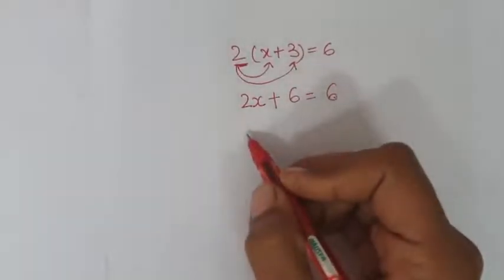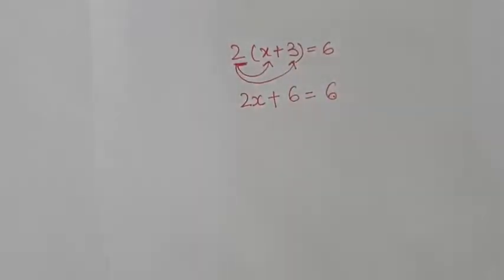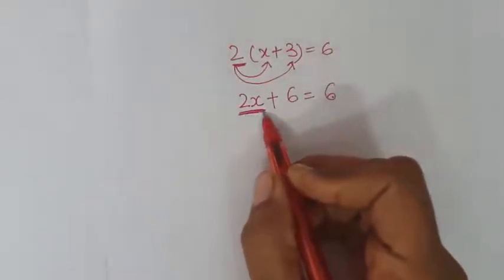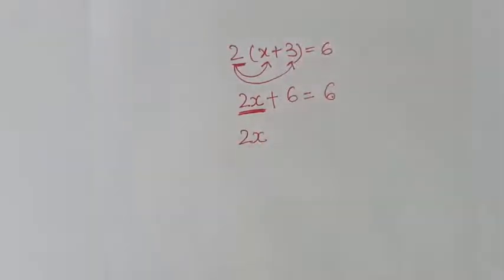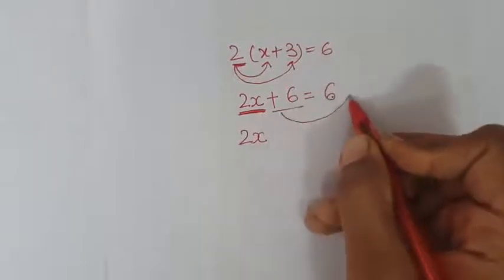Now what we will do, always keep the terms having variable on one side and the terms not having variable, means constant terms, on the other side. Now 2x is the only term containing variable, so I am just keeping it here only. 6 I am going to shift to the other side.